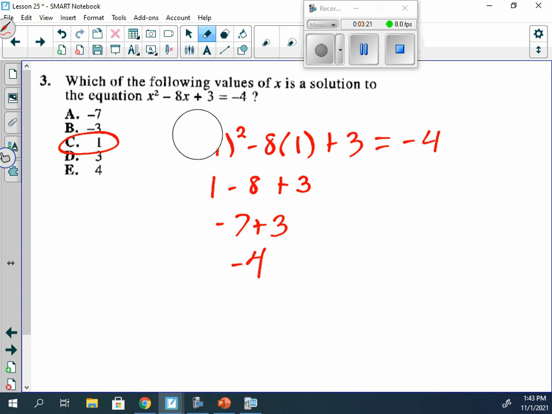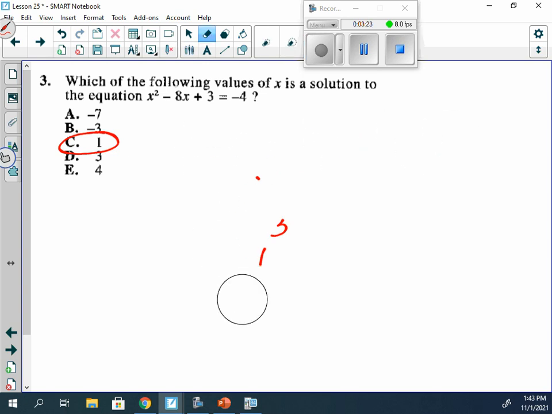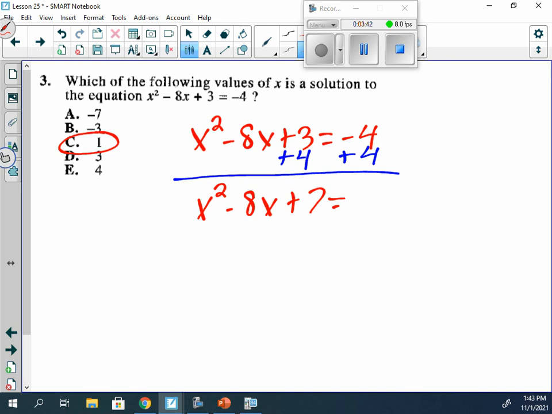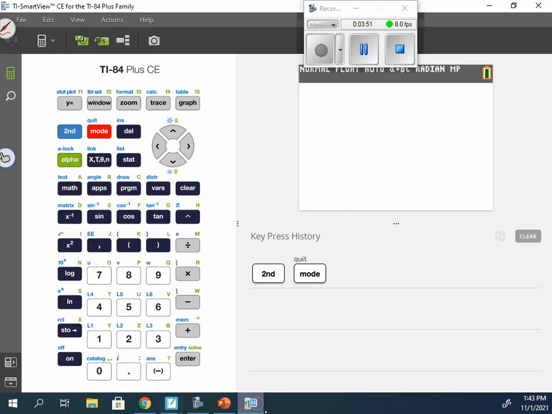Now, another way that we can do this is that we could set it equal to 0. The way that we can get this set equal to 0 is that we can add 4 to both sides, which tells me that I have x squared minus 8x plus 7 is equal to 0. Because once I get it equal to 0, we can graph it and have the calculator tell us what the solutions are.